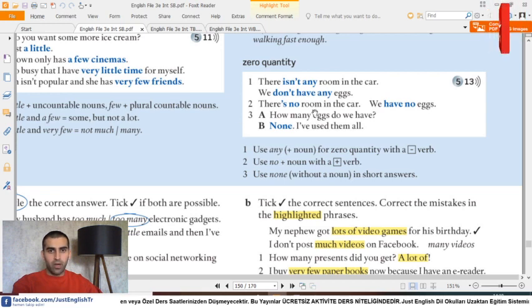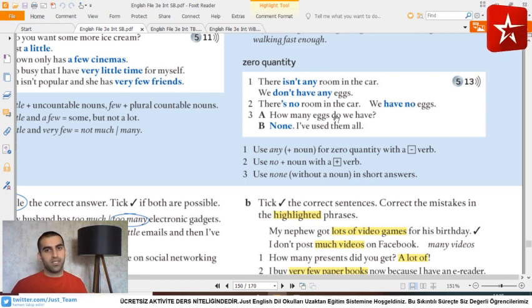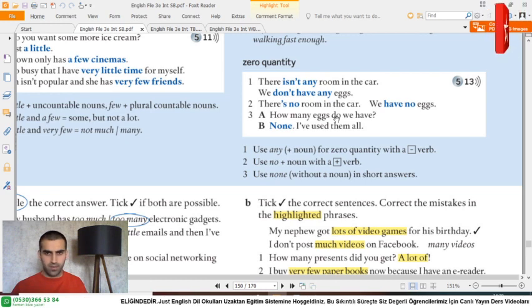So we use no plus noun, room or eggs, with a positive sentence and having negative meaning. There is no room in the car. There's no space in the car. We have no eggs.